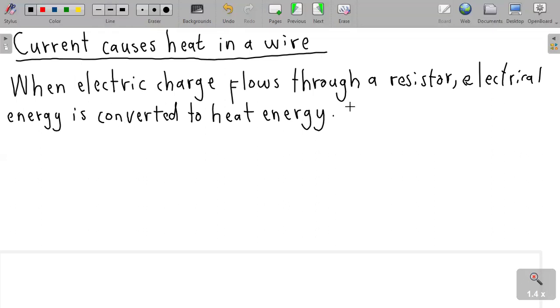So what we're saying here is, let's talk about an incandescent light bulb.